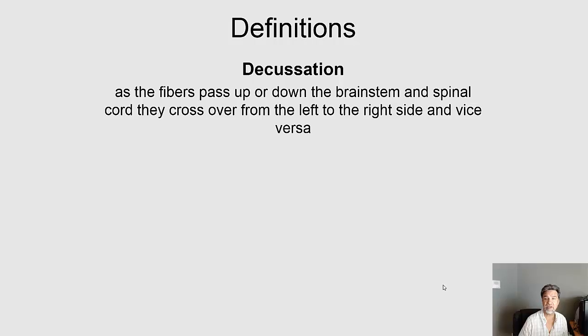The left side of the brain handles the right side of the body, and this is all due to this process of decussation, this crossing over of fibers, usually in the brain stem, but also occurs in the spinal cord quite a bit as well.